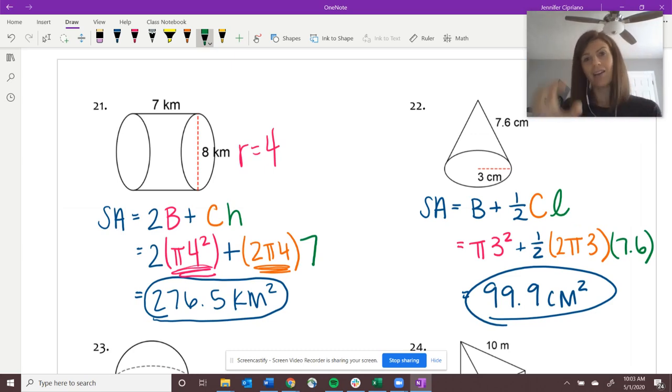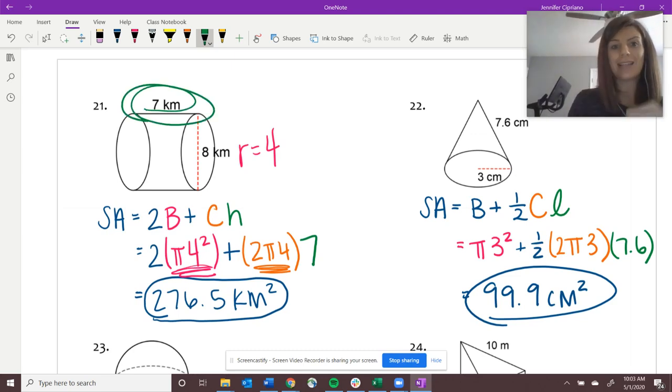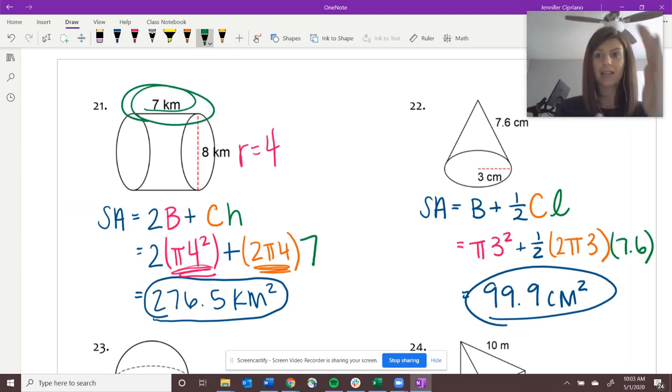So if it's laying on its side like this one is, it's not necessarily the measurement that's going up and down. So here your height is actually the 7 kilometers because that's the distance between the 2 circles. And then putting all of that in your calculator gives you the surface area for the cylinder.